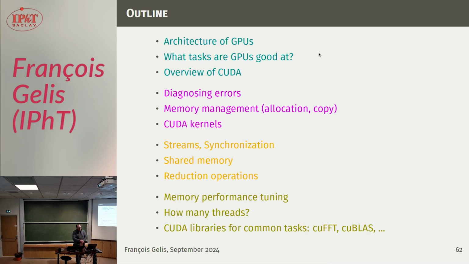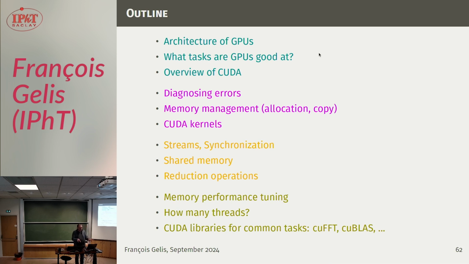And one thing I mentioned towards the end is that the threads in a CUDA kernel are organized in blocks of 32 threads. So this is the smallest group of threads that will be run in parallel. And the hardware is such that there is a big benefit to having these 32 threads performing exactly the same task at the same time.